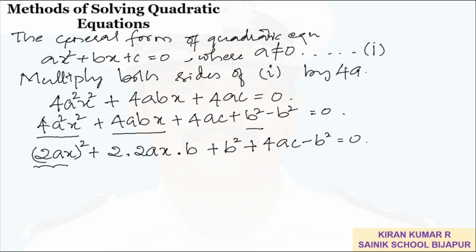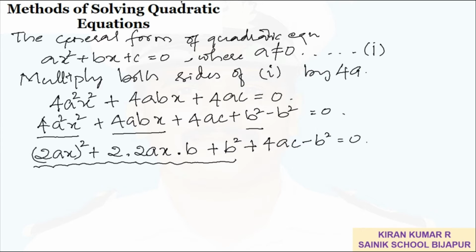Observe these 3. It is like the expansion of p plus q whole square, p square plus 2pq plus q square, where p is 2ax, q is b.